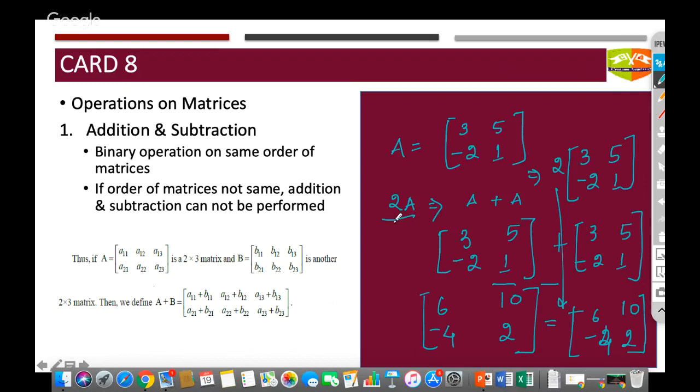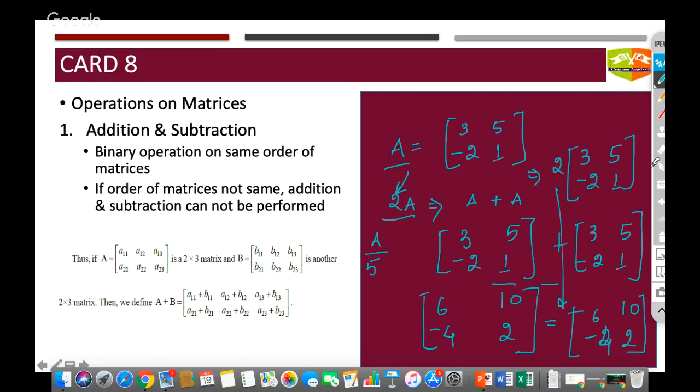So a scalar product means whenever a matrix is multiplied by a constant, you multiply all the elements of the matrix with the same constant. If a matrix is divided by a constant, you divide all the elements of the matrix with the same constant.